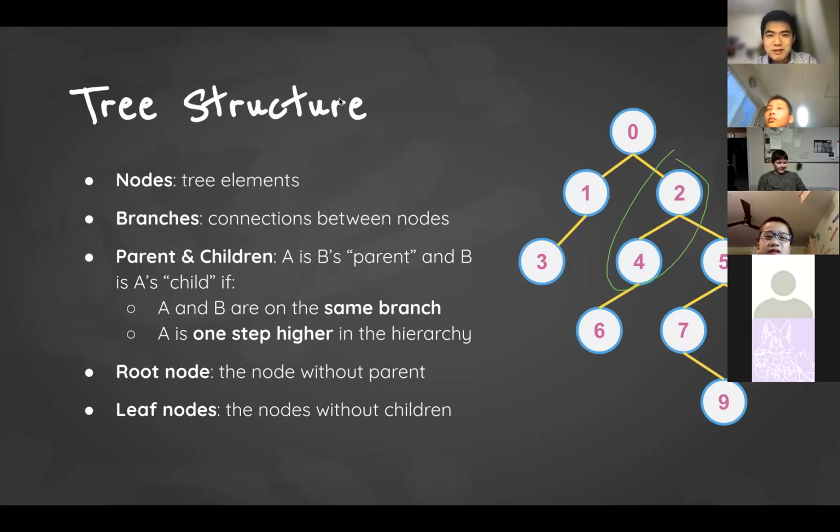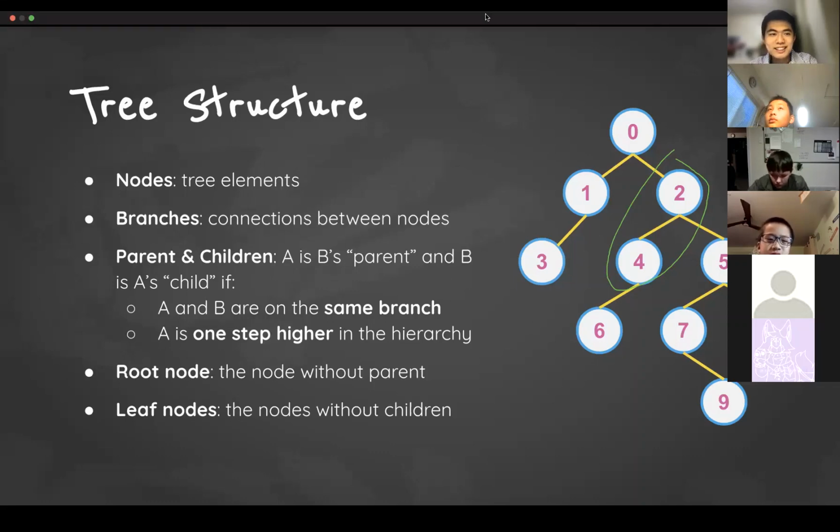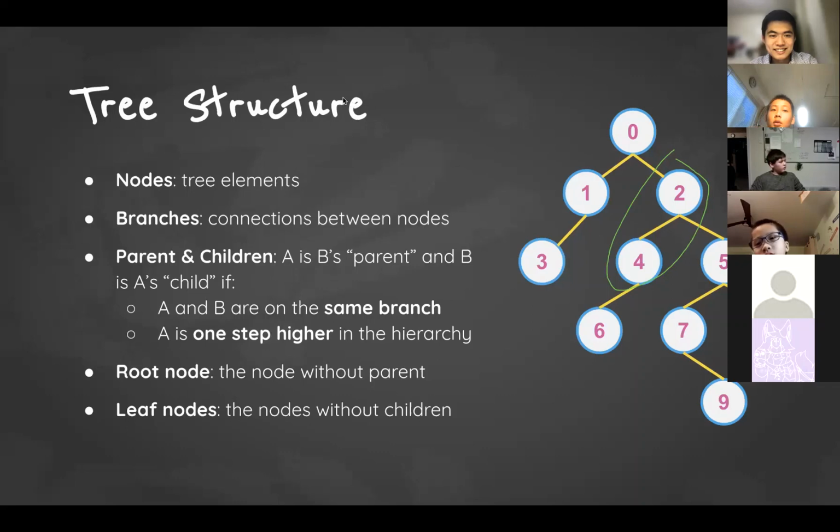I know we have a lot more people than usual in the usual class, so jumping in may be more difficult, but anyone want to participate? I think that 4 is the child of 2. Exactly. All right, and a few people put it in the chat too. Perfect. Node 2 is node 4's parent, and the opposite, node 4 is node 2's child.